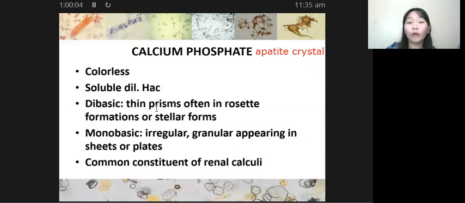All right, so take note that for your calcium phosphate, there are two forms which may be present in your urine sample. So we have the dibasic form and your monobasic form. Depending on whether we are talking about the dibasic or monobasic, your calcium phosphate crystal may appear differently, so they have different morphologies.